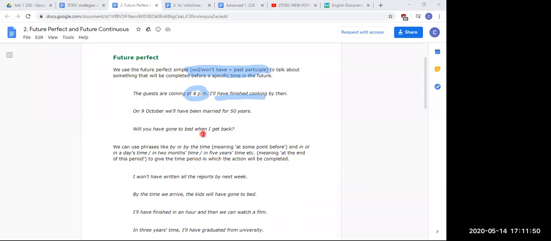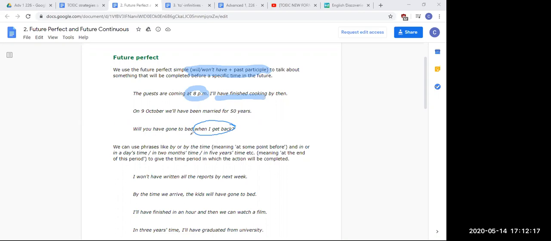Will you have gone to bed when I get back? When I get back is the final time. And we're asking, between now and the time that I get back, will you go to bed?